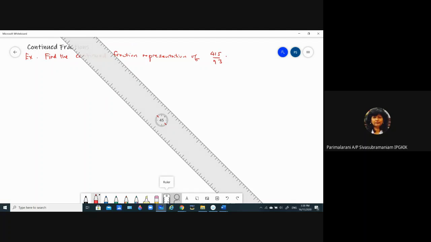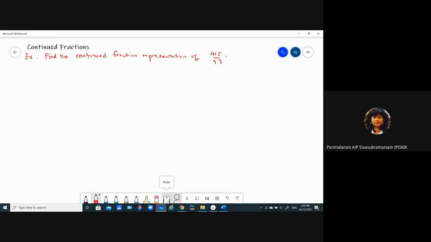So we are going to find the continued fraction representation of 415 over 93. We start with 415 over 93. If we divide this, it will give you 4 plus 43 over 93, correct?